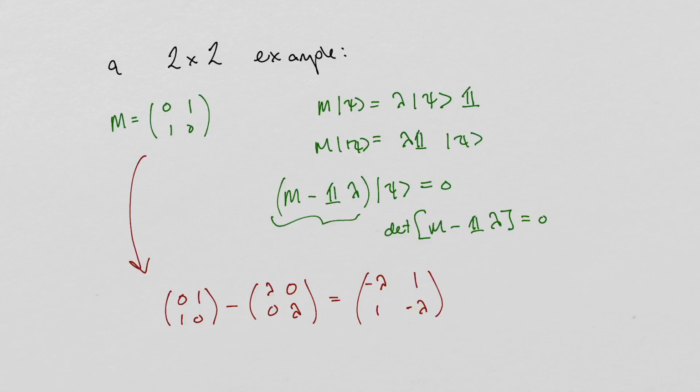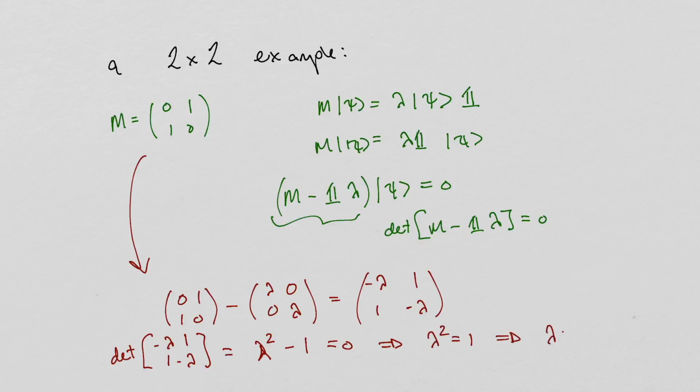Now, the determinant of this has to equal 0. The determinant of this is the diagonals, which is lambda squared, minus the off diagonals, 1, is equal to 0, and therefore lambda squared is equal to 1, and therefore lambda is equal to plus or minus 1.